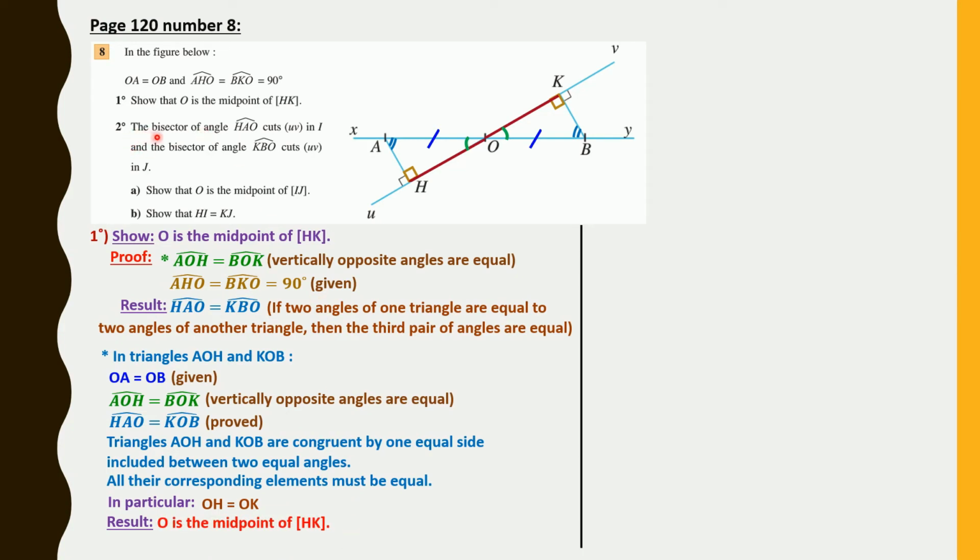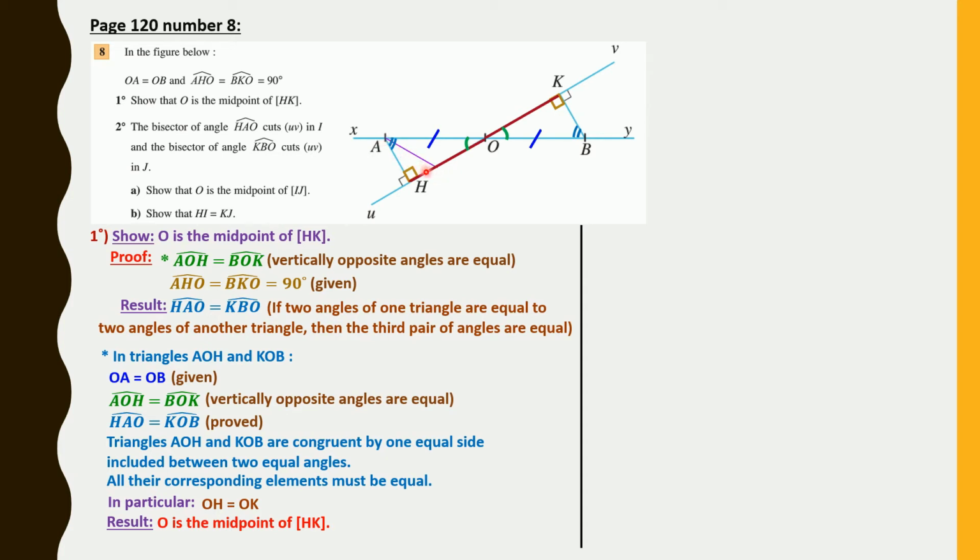Now question 2. The bisector of angle HAO cuts UV at I. So we draw the bisector of angle HAO using your protractor or using your compass.